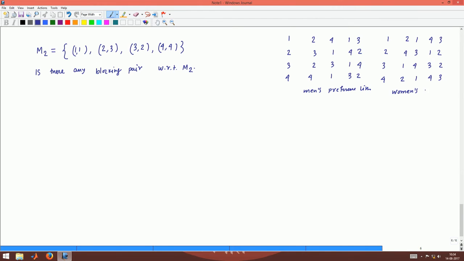Now, the question is: is there any blocking pair with respect to M2 for the same instance? This is the instance given.